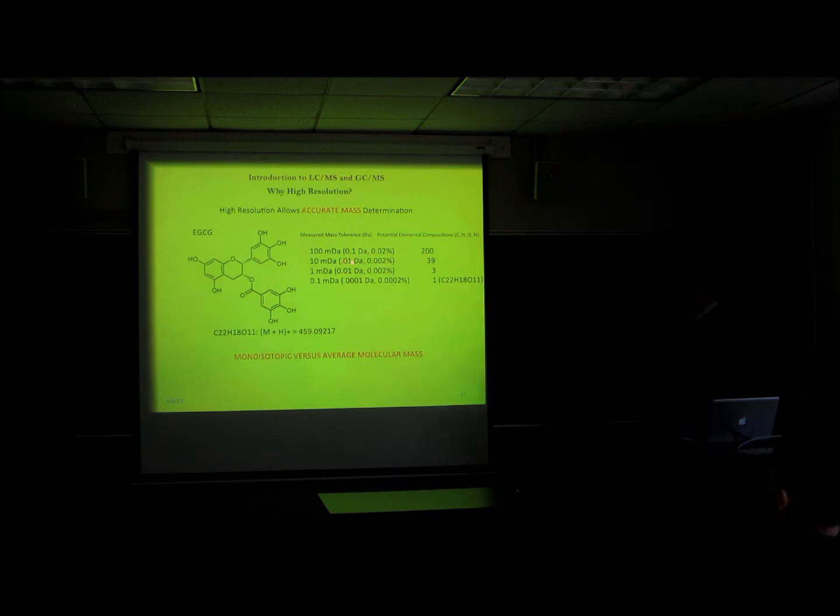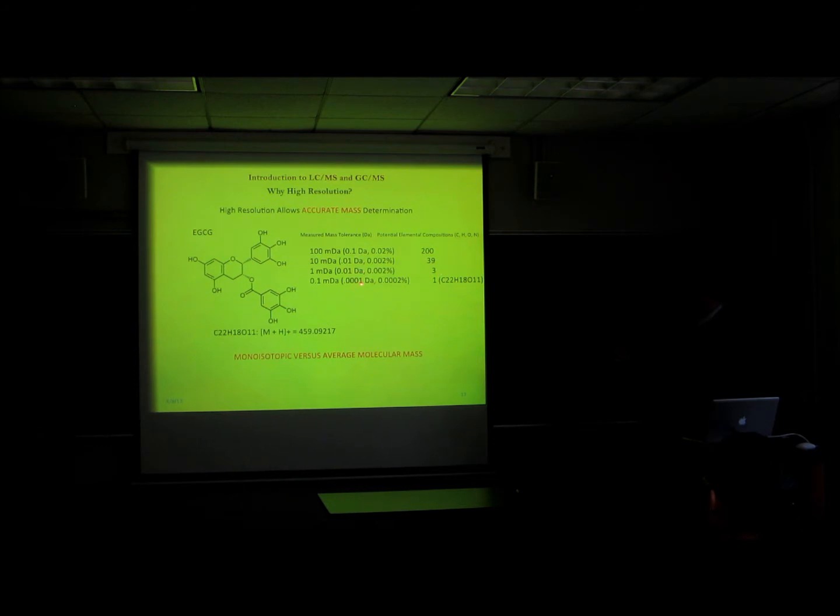If you can go to 0.01 Daltons, so you can measure this to 459.09, you can get that down to 39 potential elemental compositions. If you go to 0.001, I've got a misprint here, it brings it down to 3.